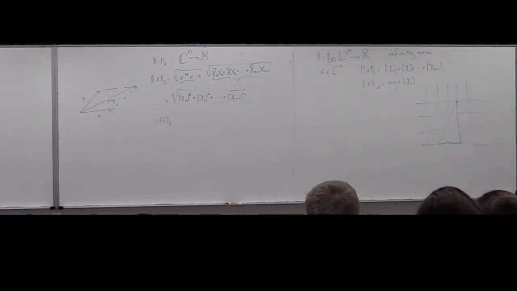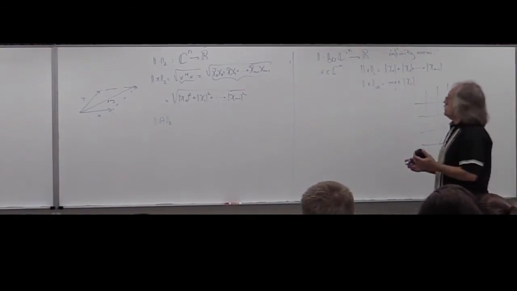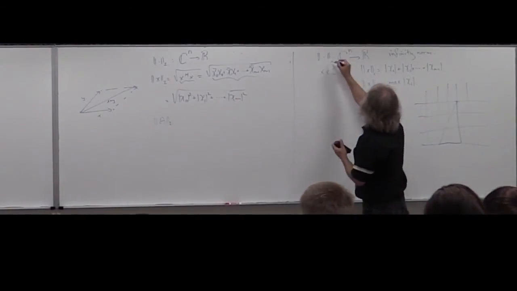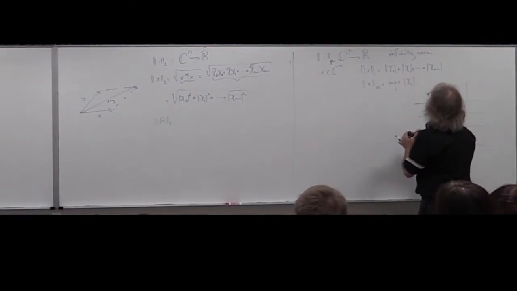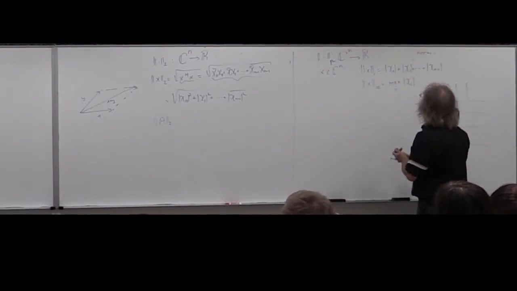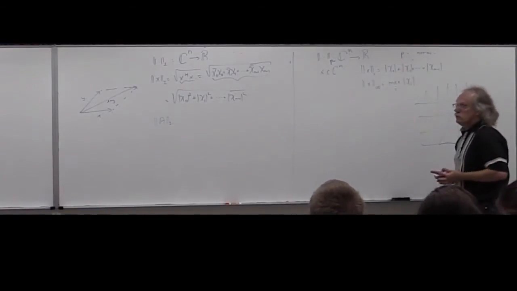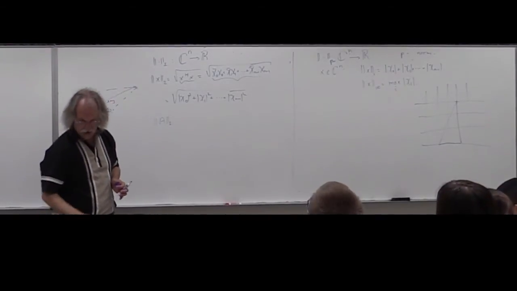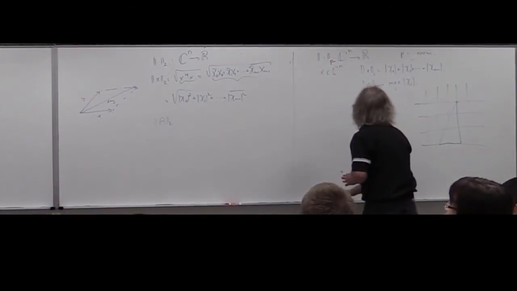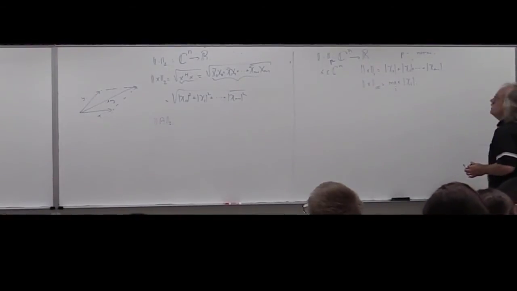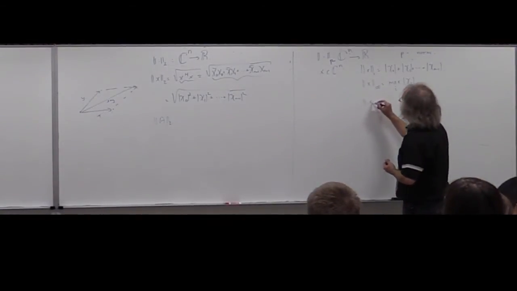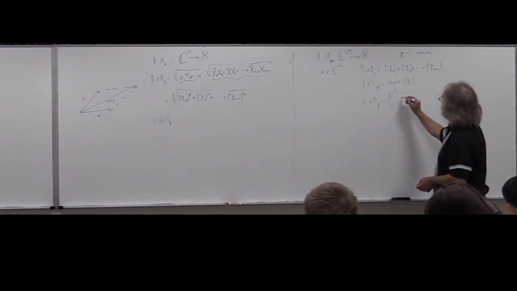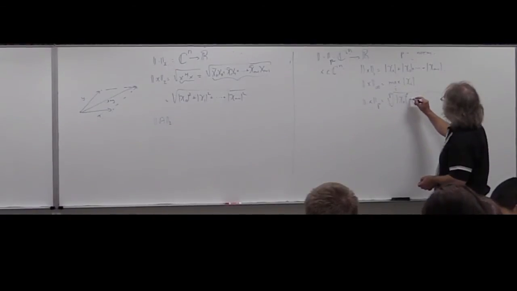Now, how are all of these related? Well, there's also something called the p-norm, which is actually given right there. And the p-norm is given by the pth root of the sum of the entries raised to the pth power.